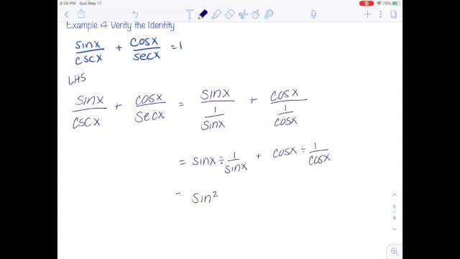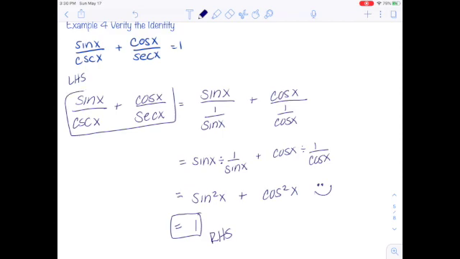So this is really just sine squared of x after you multiply by the reciprocal, plus cosine squared of x. And hey, isn't that our Pythagorean identity? And that is equal to 1, which is our right-hand side. So our right-hand side is definitely equal to our left-hand side. And we used all of our identities to prove it.